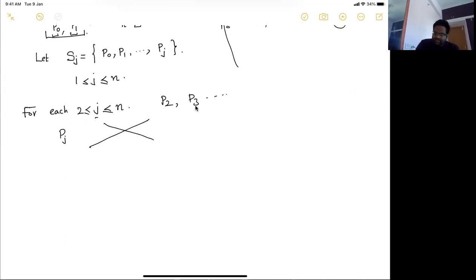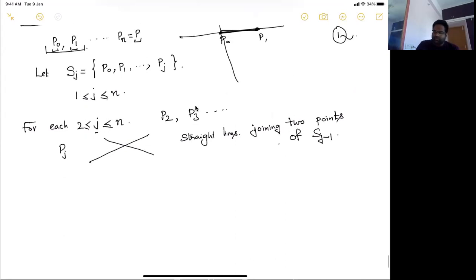So these straight lines are obtained by joining two points of Sj minus 1. Suppose you want to construct, let us say, P3.